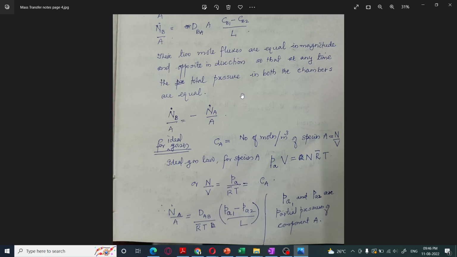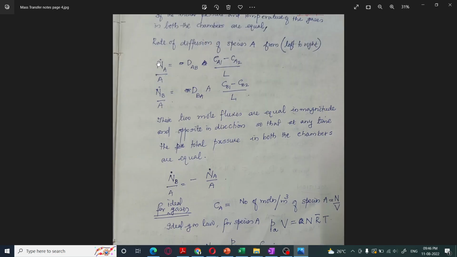So this relation can be written as N dot divided by A is equal to DAB, where Ca1 can be written as Pa1 divided by R bar T, and Ca2 as Pa2 divided by R bar T, with L in the denominator.